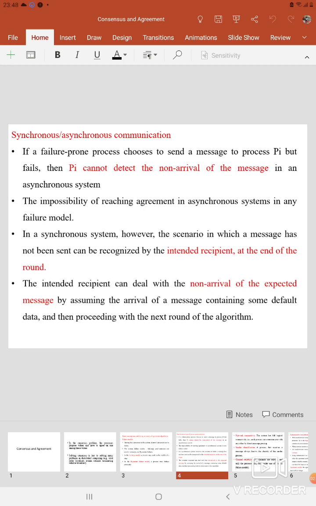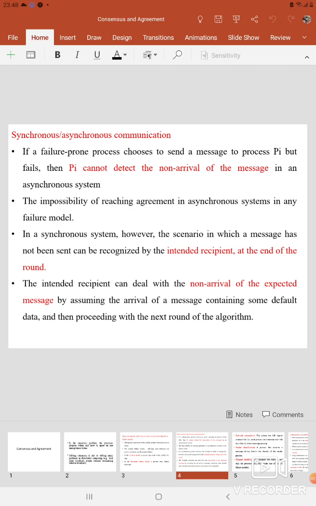That is, if one failed process sends a message to some non-faulty process, that non-faulty process cannot detect the non-arrival of the message. This happens in an asynchronous system. That's why we face the impossibility of reaching agreement in an asynchronous system.